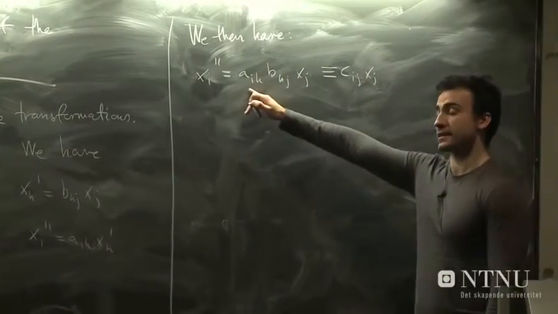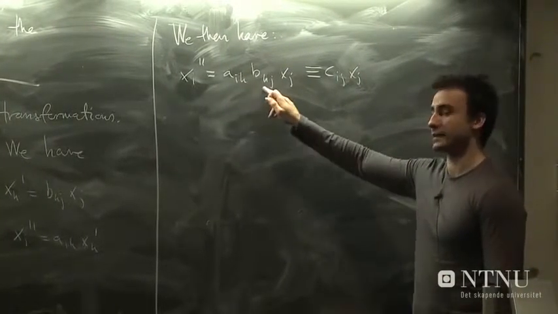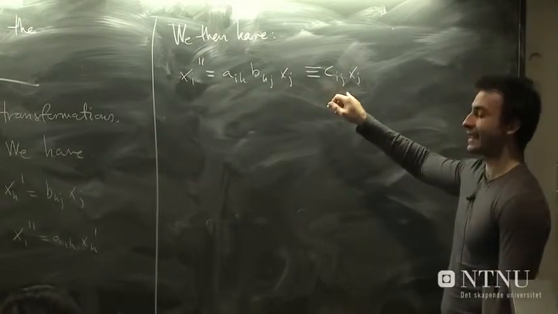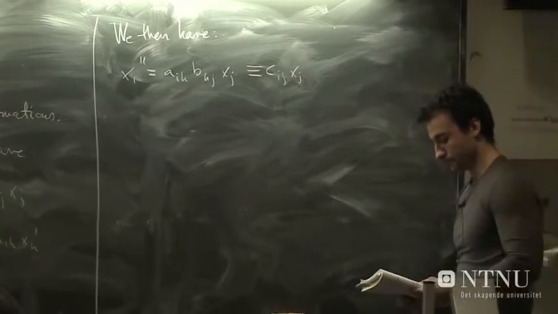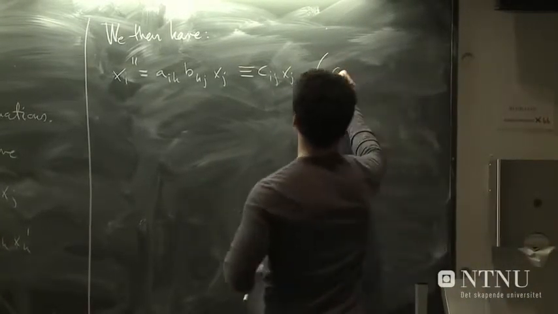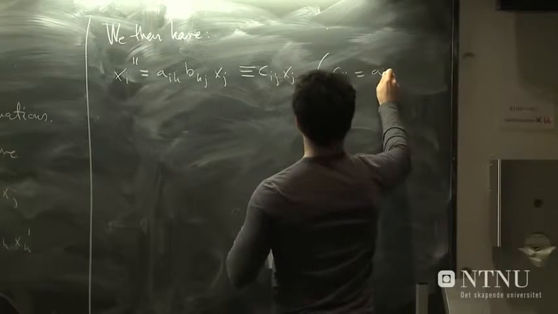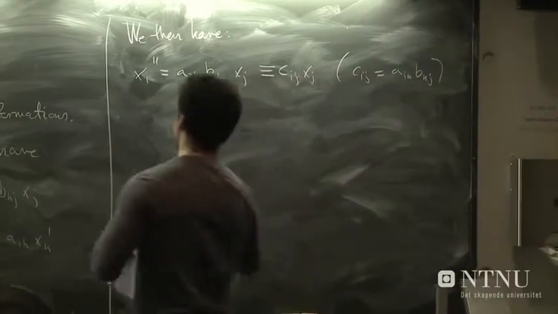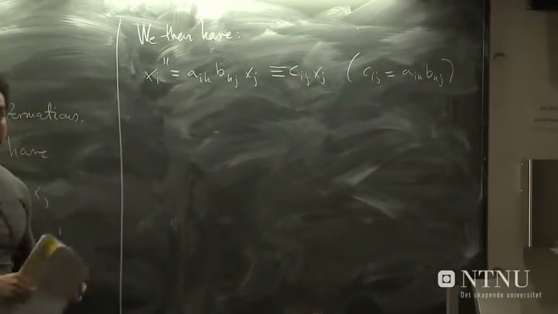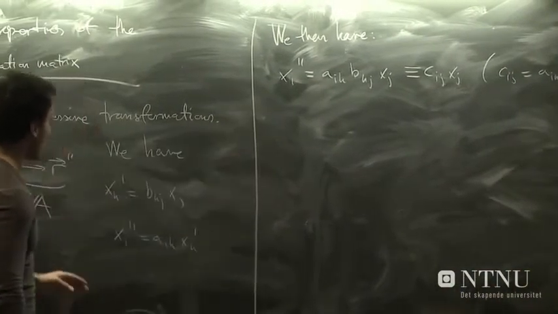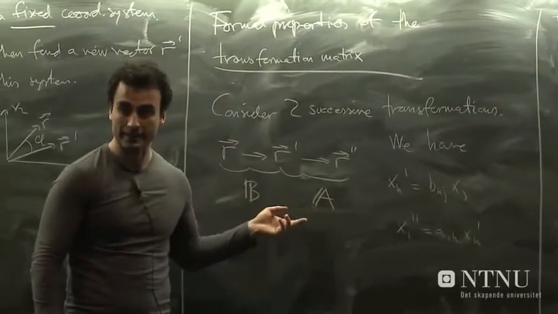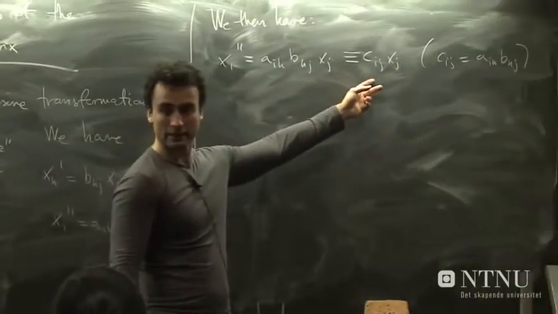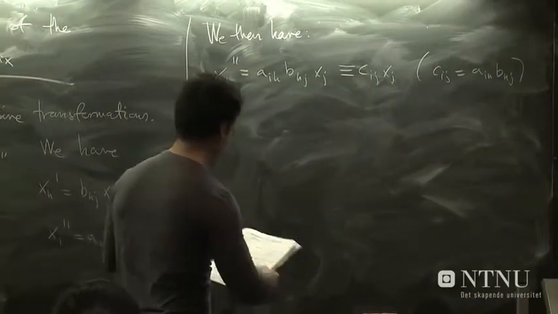And keep in mind, this is a sum, because we have two repeated indices. So I define this as Cij. And what this means is that two orthogonal transformations, successive, one after the other, is equivalent to a third one, described by these elements.